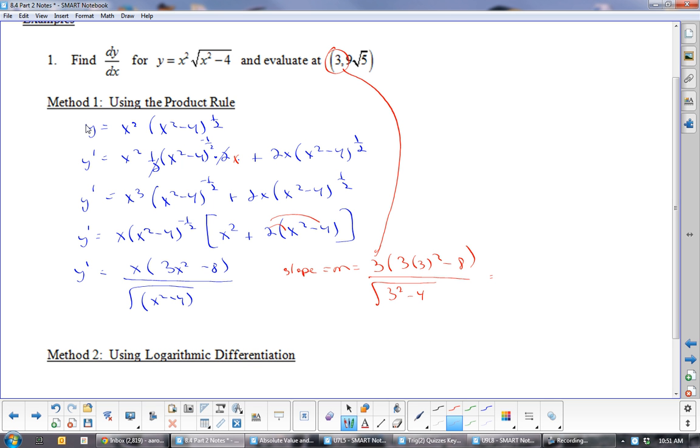Oh, you're still up here. Okay, I get you. Yeah, that's my 3x squared. I was looking at my slope form. And this is, I get 57 over root 5. And in decimal, I will get 25.49 is the slope to the nearest hundredth.